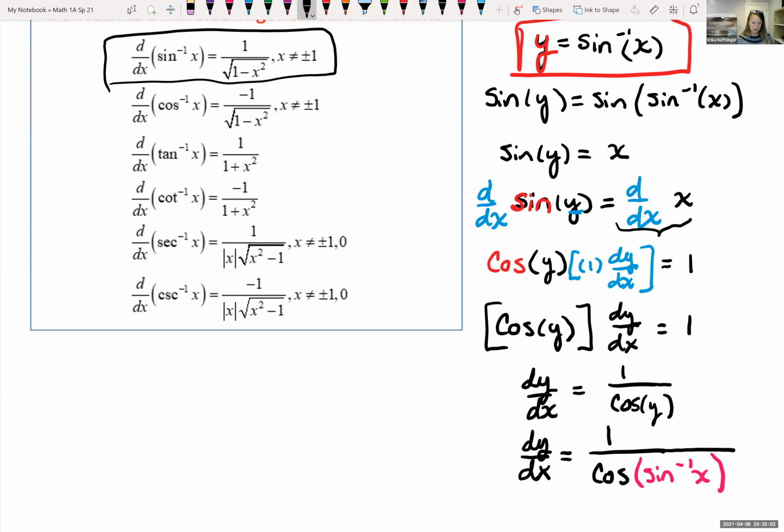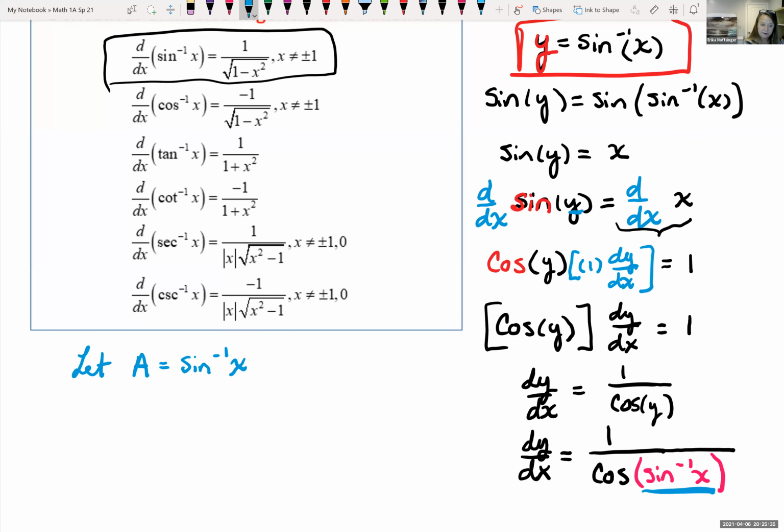So going back to trigonometry, and you guys did this in that course, we're going to manipulate this, and we're going to use the fact of trigonometric functions and what they are in relationship to sides of a triangle. So let's choose A, or theta, whatever you want to call it, to be this sine inverse of x.